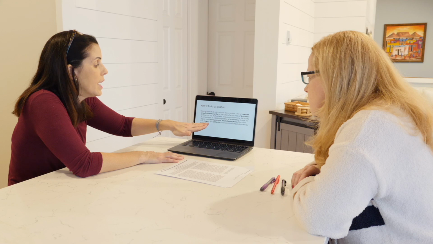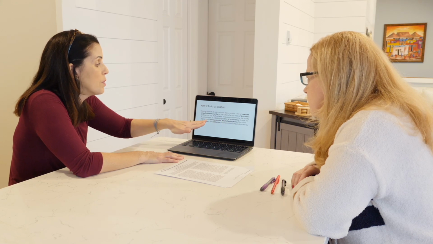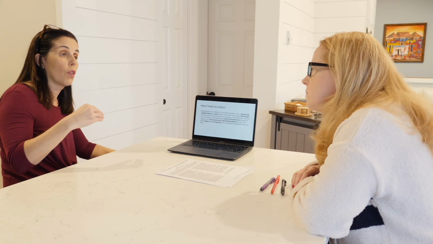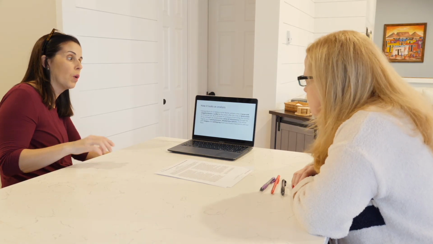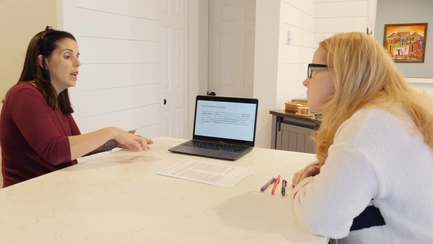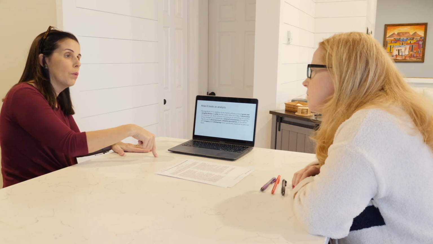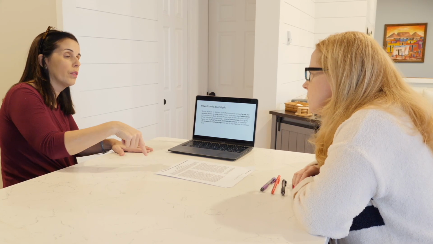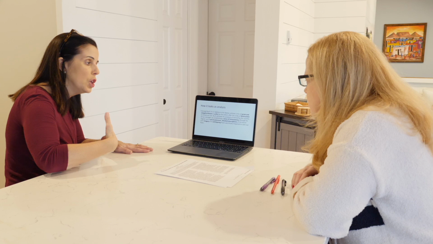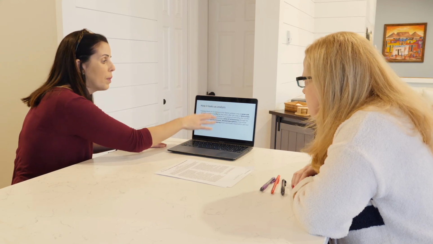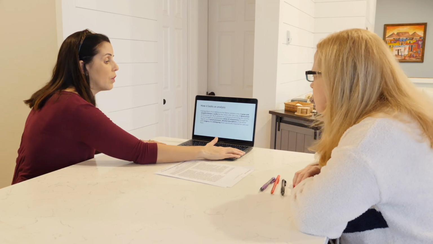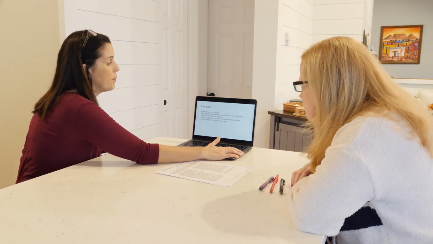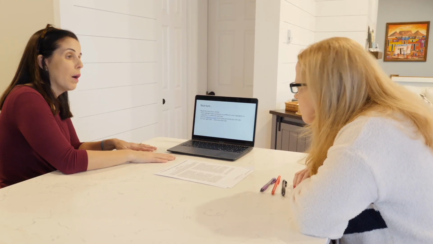And then to understand from a detailed description of the imagery and the cataloging of the events where he lists what happened to different types of people, he is trying to convey not just one single American was affected by this. It was all types of different Americans. And then you would detail that throughout your essay. But this is your plan. This is your thesis, your main idea, and then you would execute the rest of your essay using this as your guide. So now it is your turn.